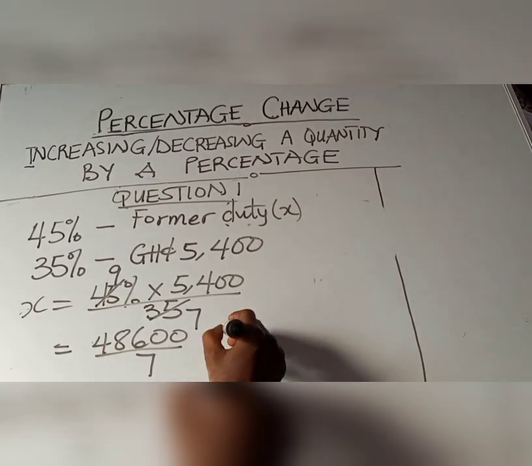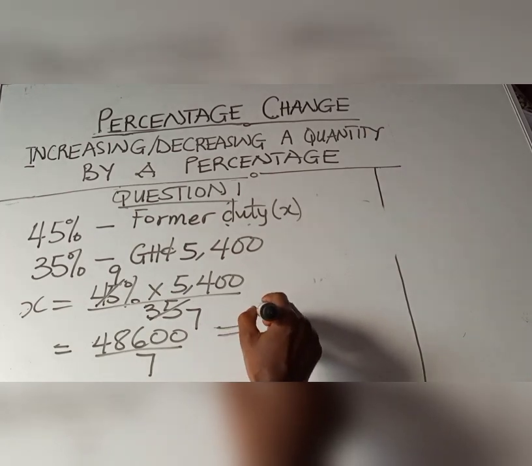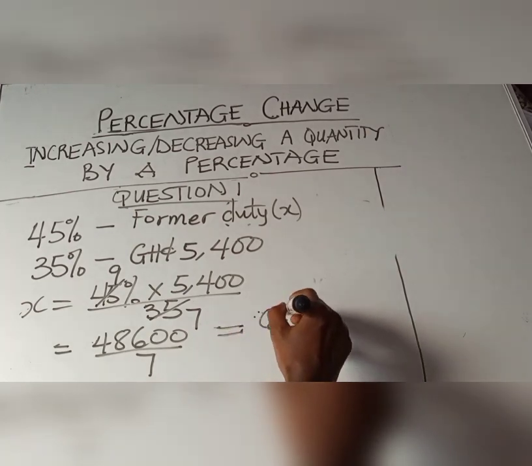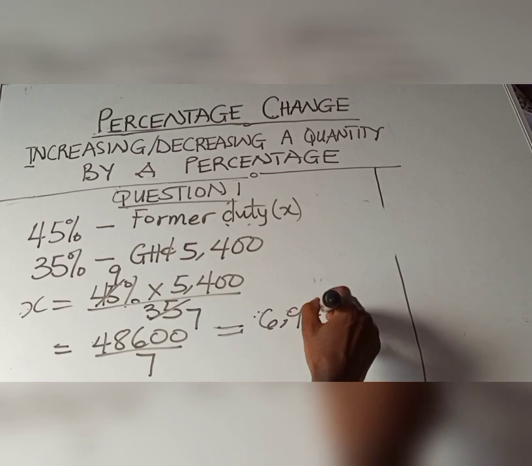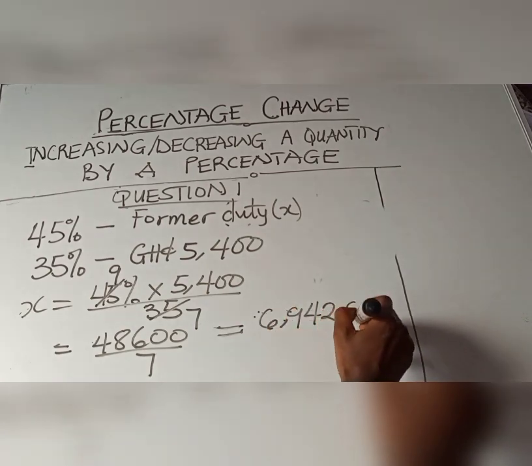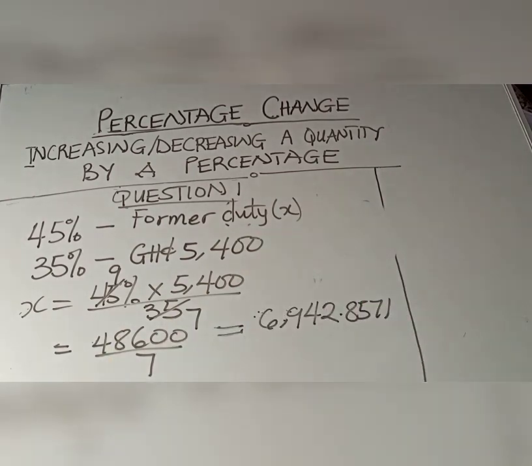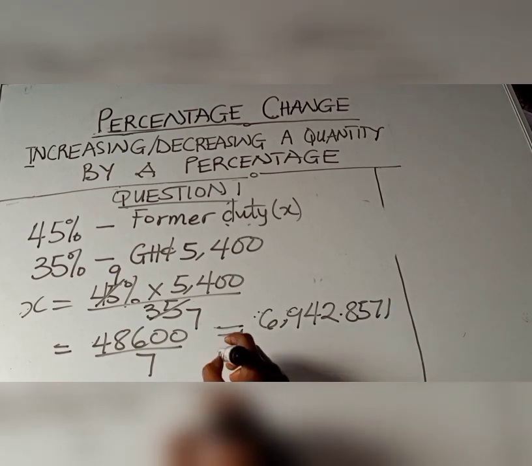Good. So this gives us 6,942 point and some decimal values. We need to correct it to the nearest whole number.